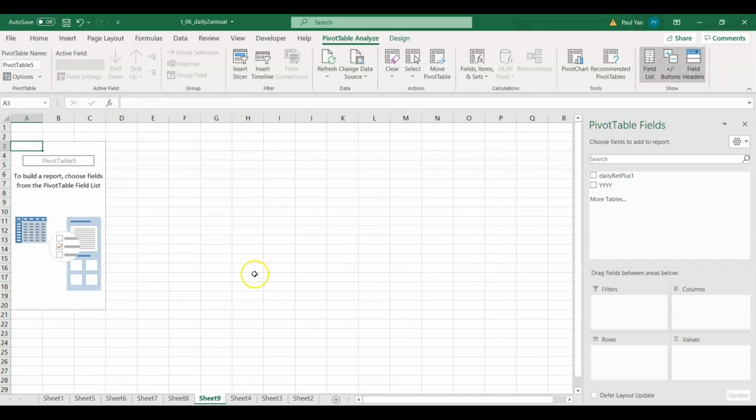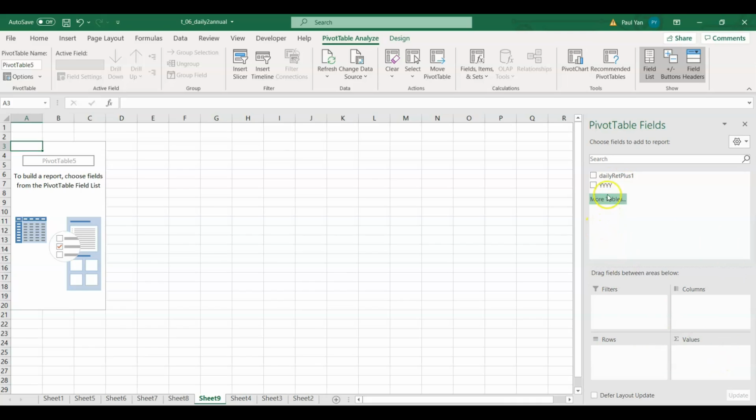Then this is our pivot table. On the right hand side we see we have daily return, we have year, and also we have 4 panels.